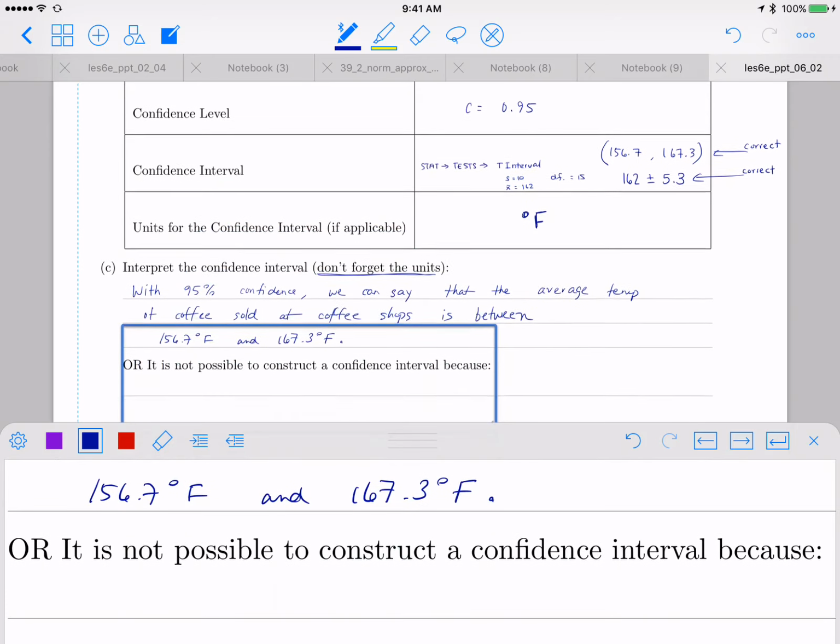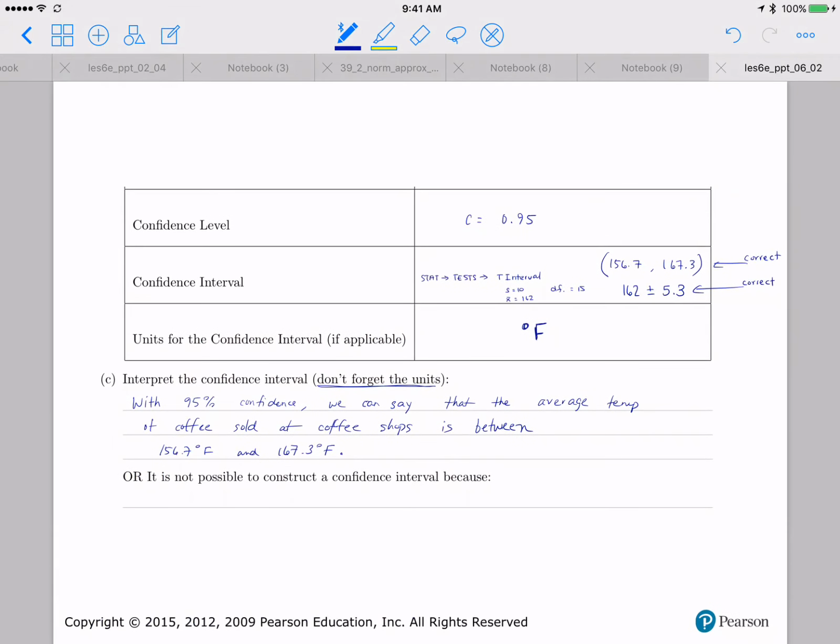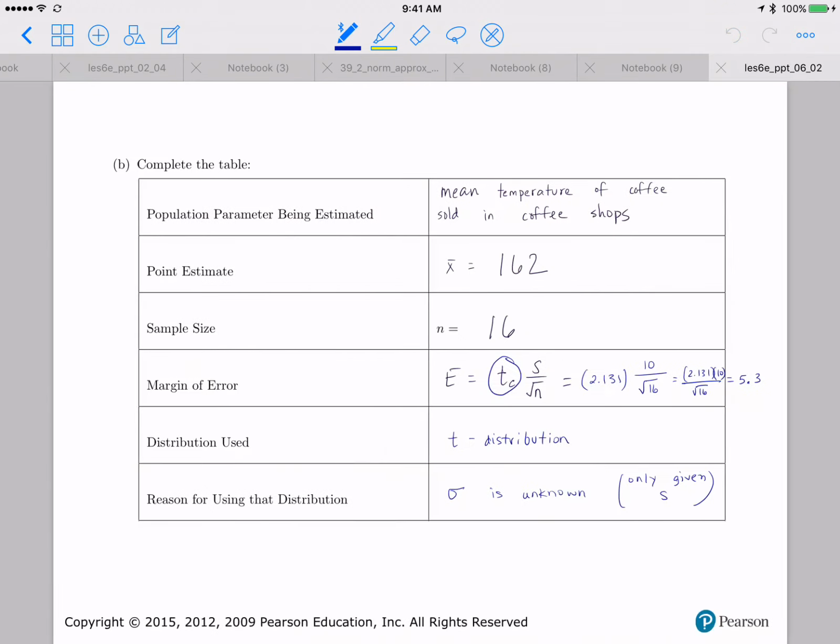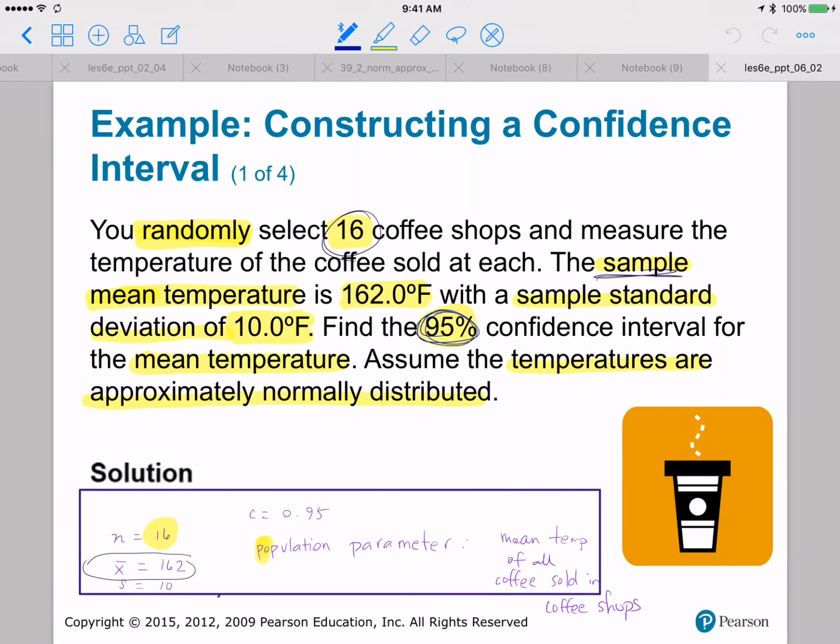And now notice down here where it says, or is it not possible to construct a confidence interval. If we were in a situation where we didn't know that our temperatures are approximately normally distributed, that'd be the perfect time to say, hey, we can't form a confidence interval.